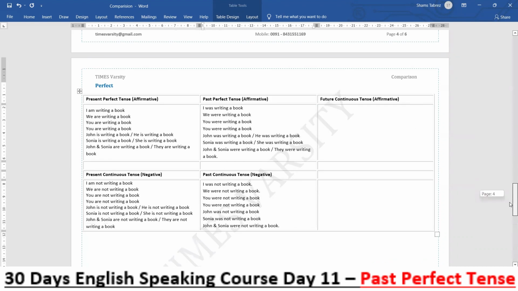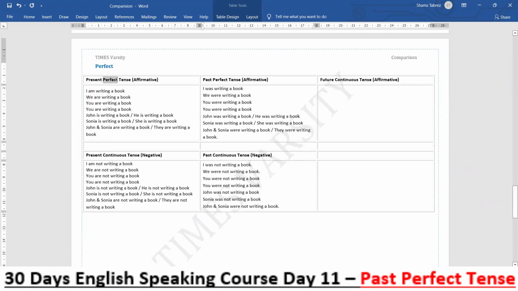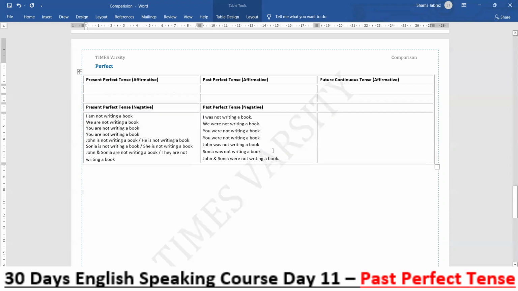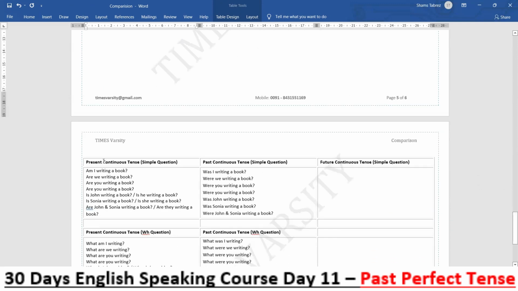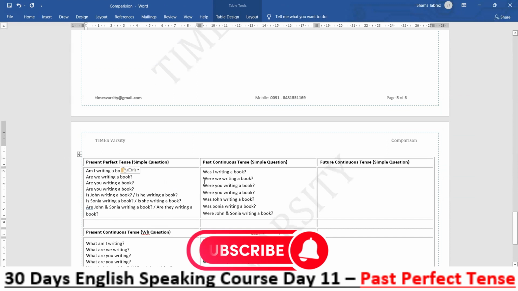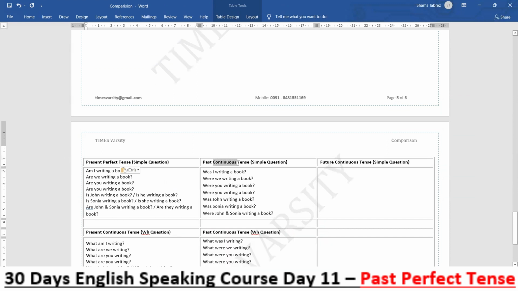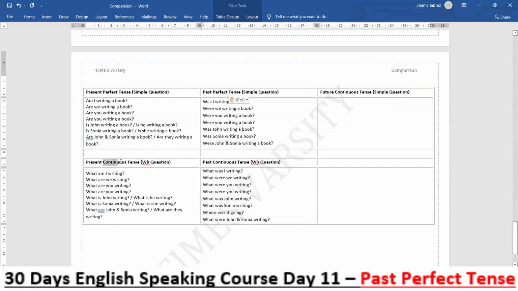Then similarly, present perfect tense negative, past perfect tense negative. Okay, so first of all, let's delete these and put whatever examples we have. Similarly, present perfect tense simple question, past perfect tense simple question, and then present perfect tense WH question, past perfect tense WH question.